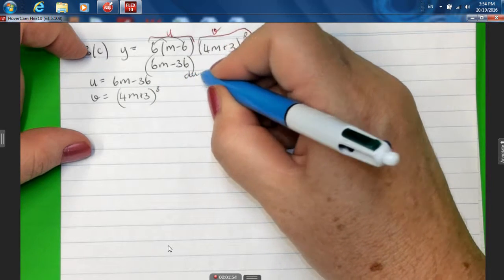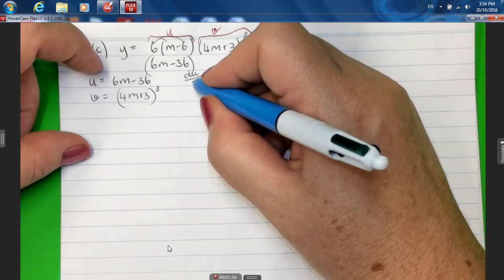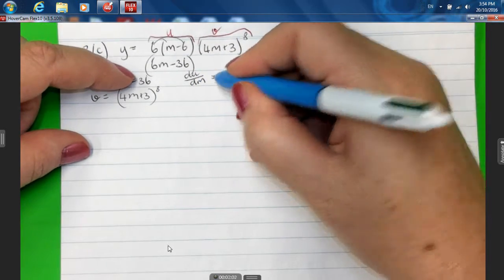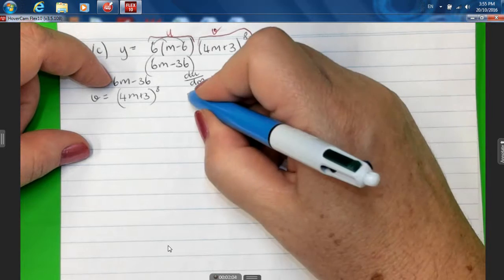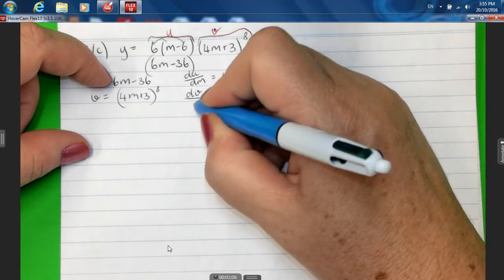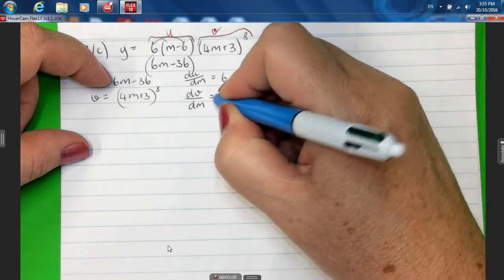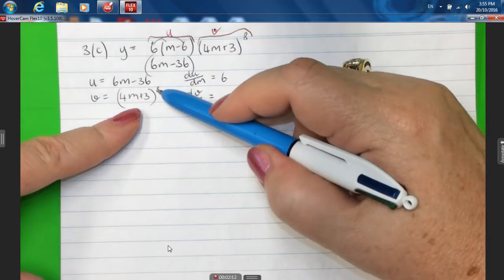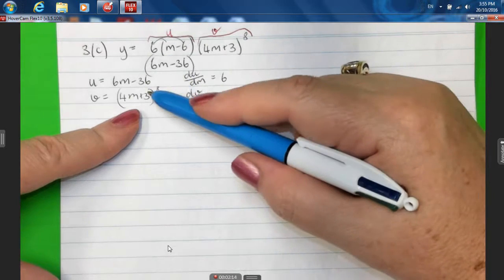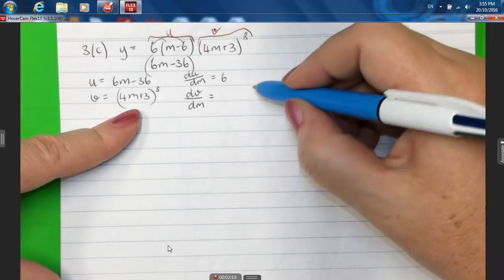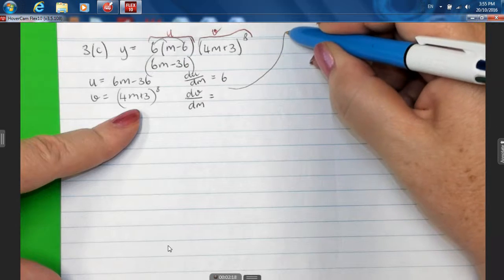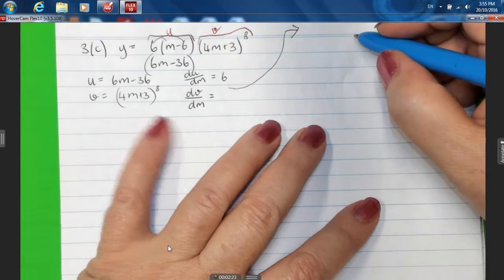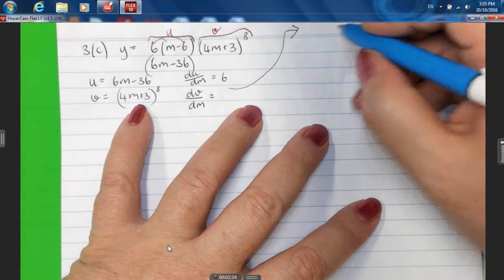Then du, normally du dx, but in this case du dm, the derivative of a function called u that has m's in it, is 6. And dv dm is where we have to diverge, because dv dm is the derivative of a function, and therefore requires the chain rule. So I'm going to take a little walk over to here, where I'm going to start the chain rule to find the derivative of this function.